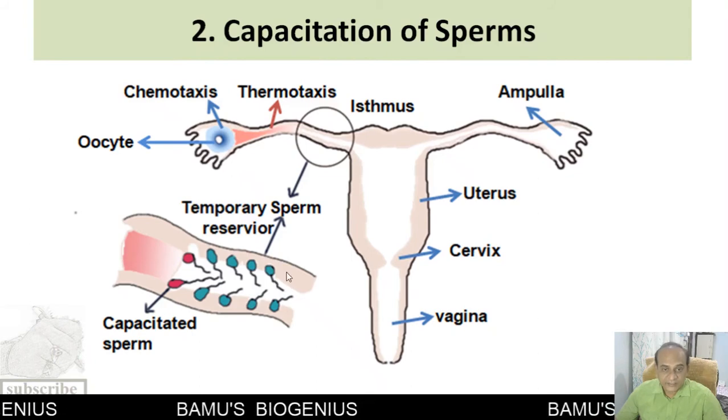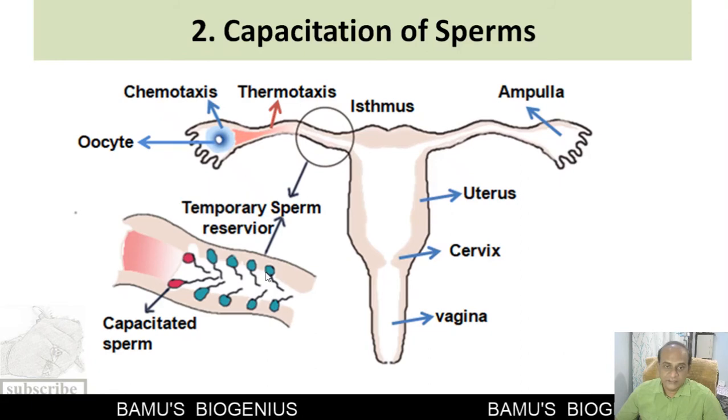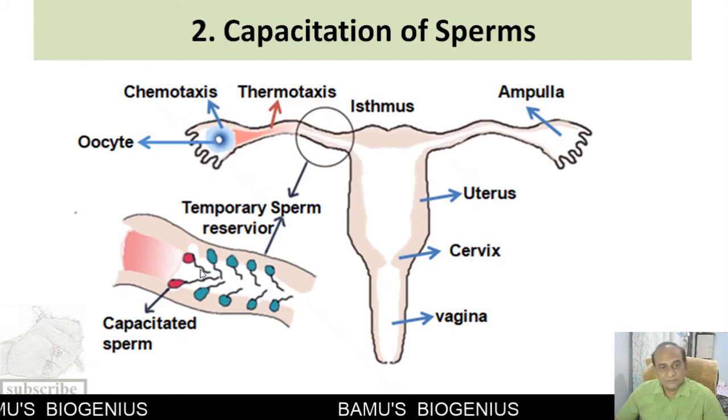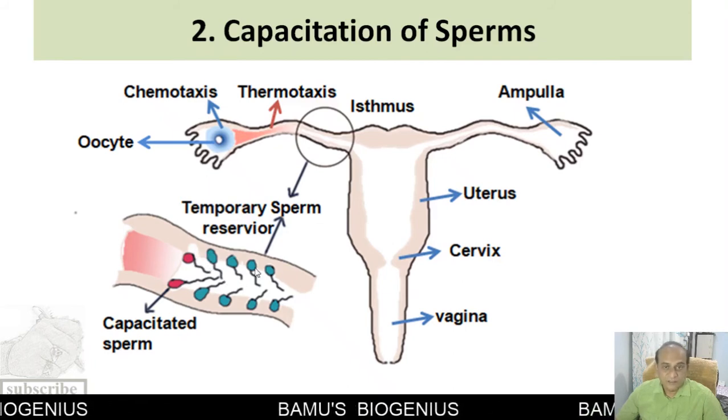These sperms attach to the walls of the isthmus region, and only the capacitated sperm can leave this isthmus region. Now, why are these sperms capable of releasing themselves from the walls of the isthmus?